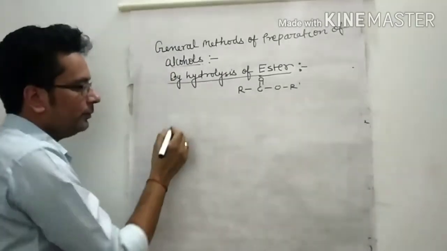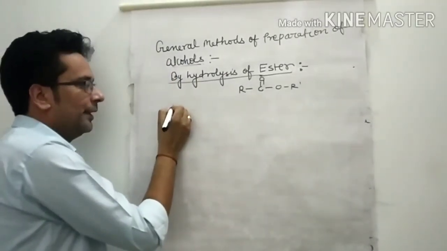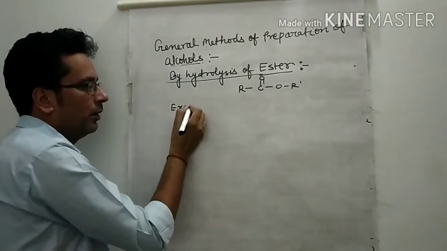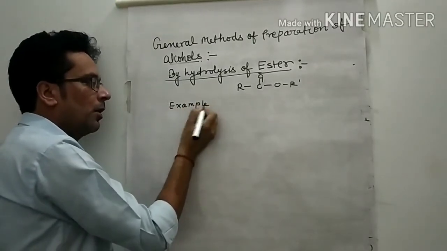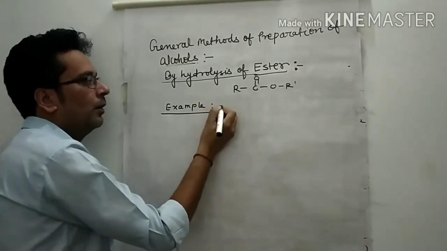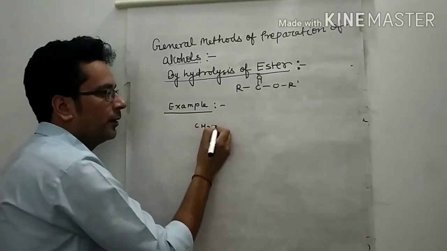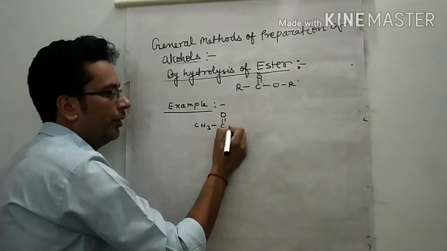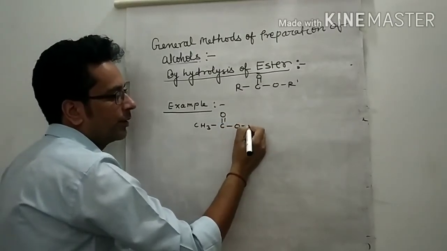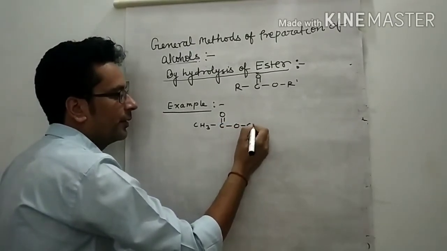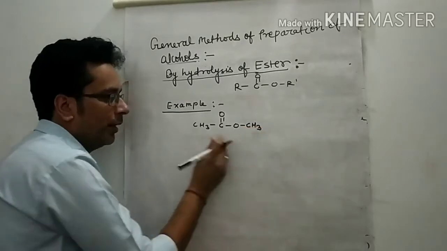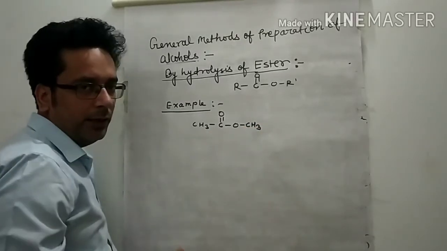Now look here, example, CH3COOCH3. Here we have taken the same alkyl group.